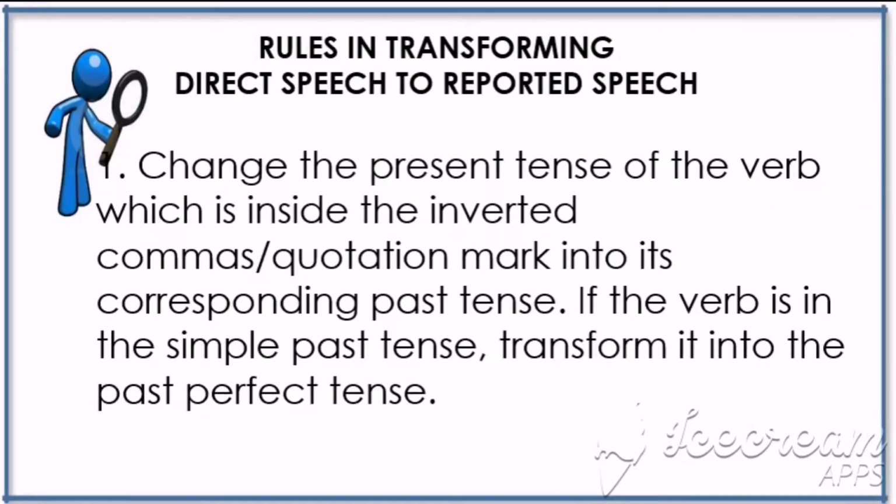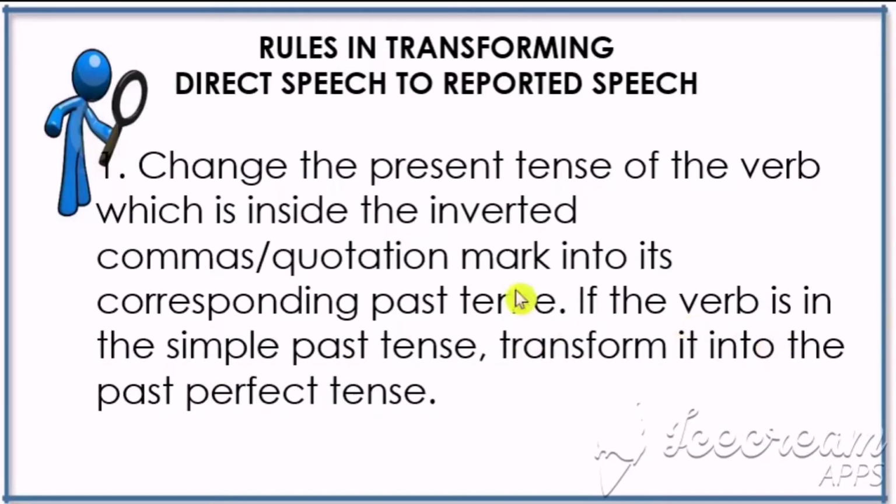Now let us discuss the rules in transforming direct speech to reported speech. So here are the rules. Rule number 1, change the present tense of the verb which is inside the quotation marks into its corresponding past tense.